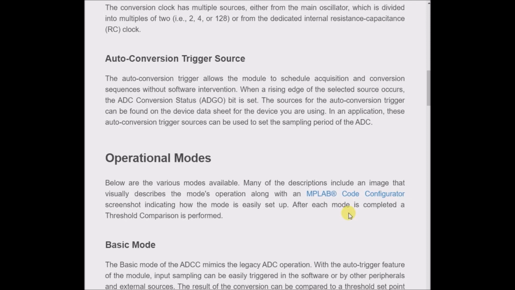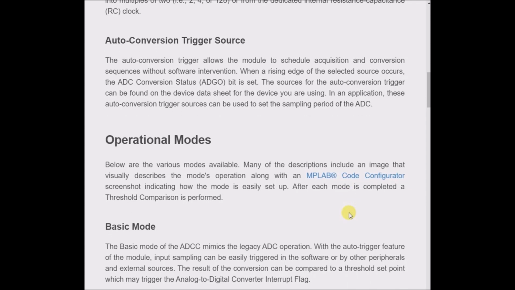Auto-conversion trigger source. The auto-conversion trigger allows the module to schedule acquisition and conversion sequences without software intervention. When a rising edge of the selected source occurs, the ADC conversion status ADGO bit is set.